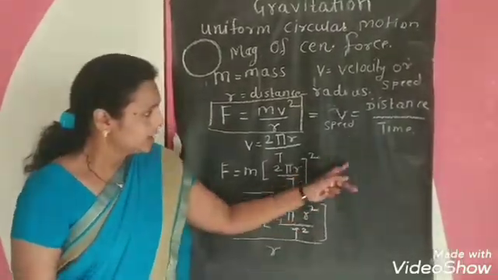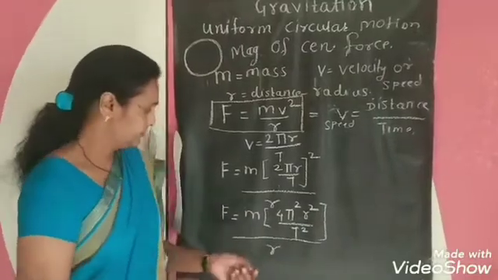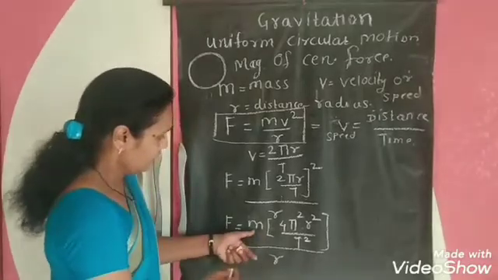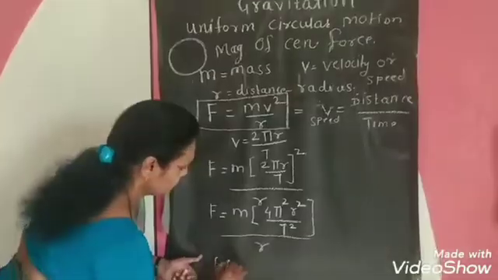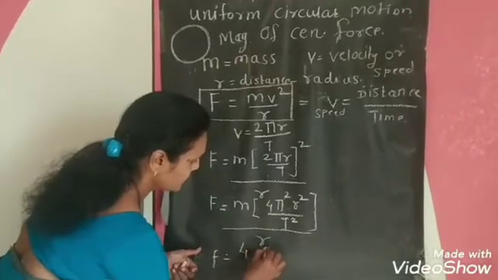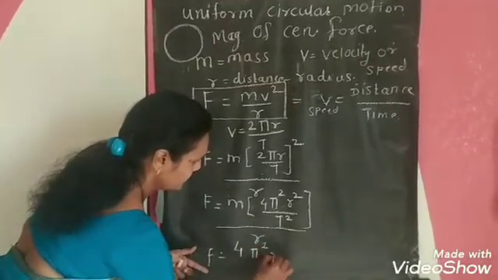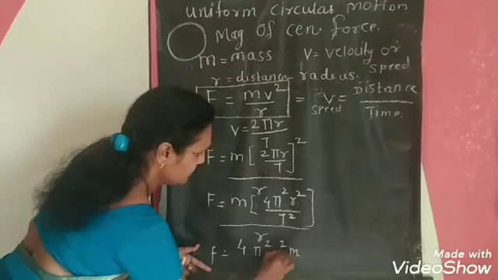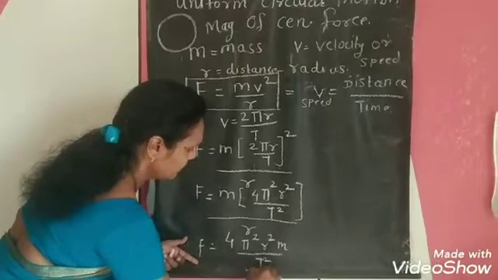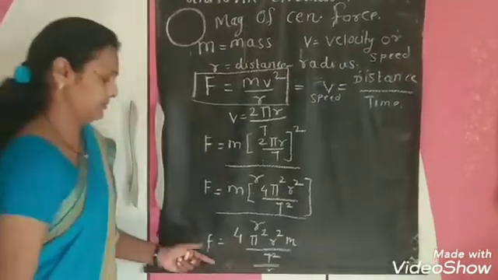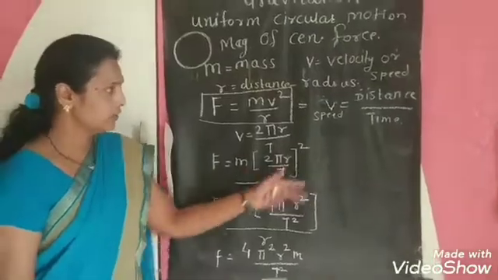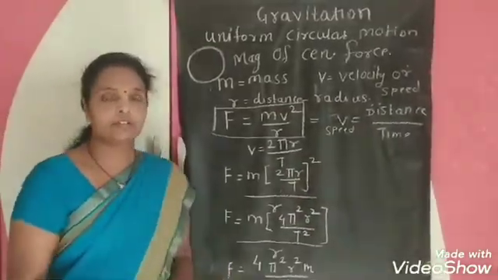Now we get F is equal to 4 pi square r square m divided by t square upon r. Now next page I will continue this derivation.